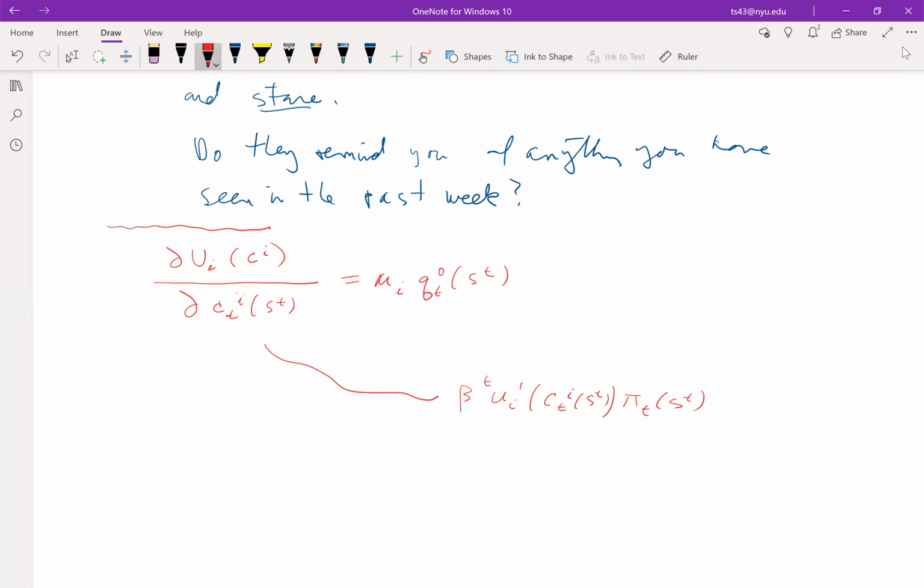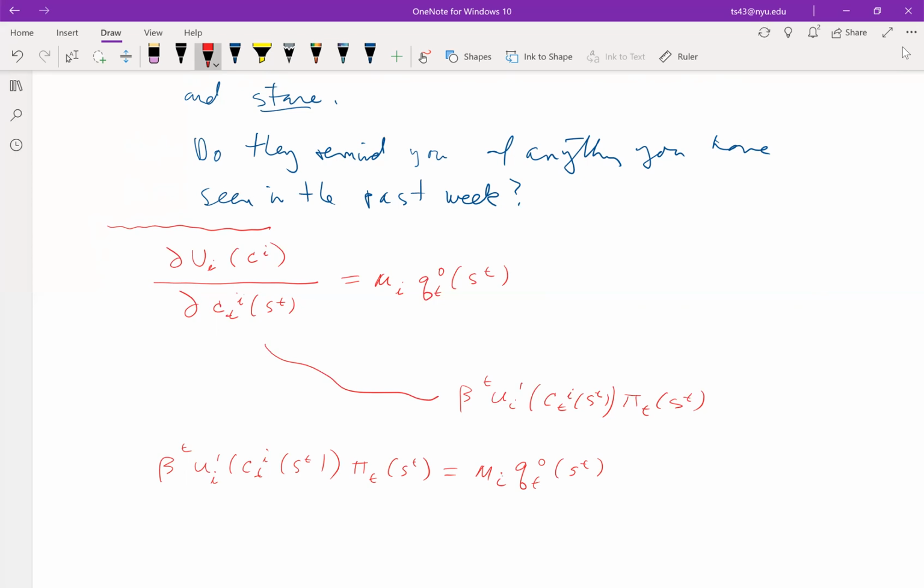Now that means that we get this. Our marginal condition can be rewritten: u_i prime of c_t^i(s^t) times the probability, and that's equal to mu_i times q_t^0(s^t).